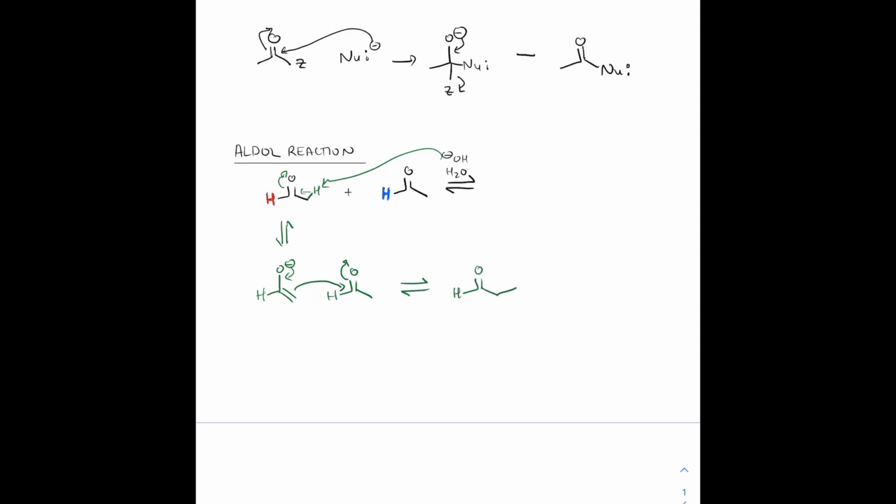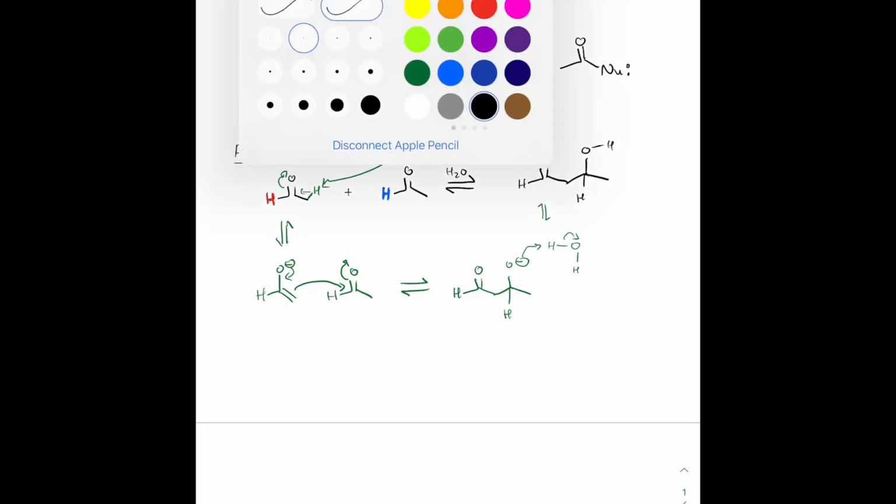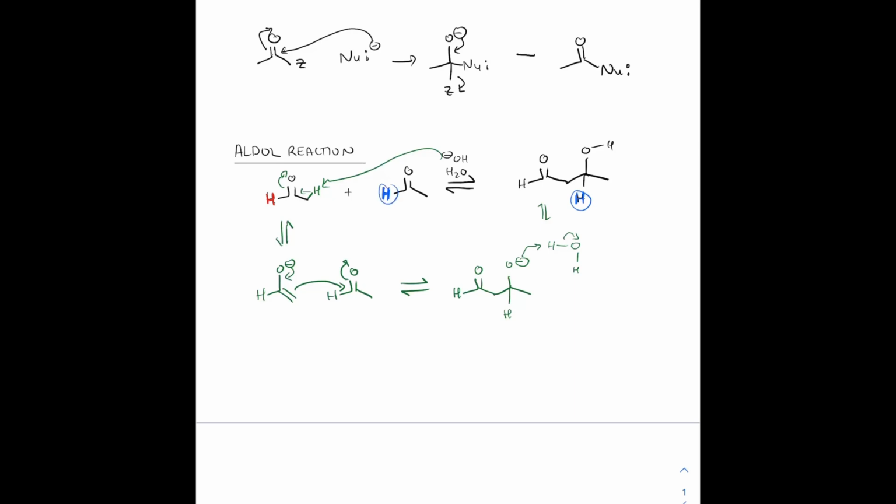So we're combining two things that we've already done before. We've done nucleophiles attacking carbonyls, and we've done enolates attacking electrophiles, and now we're just kind of jamming those two together. Once that happens, we form a tetrahedral intermediate, and then we protonate that with water, giving us this beta hydroxy carbonyl product.